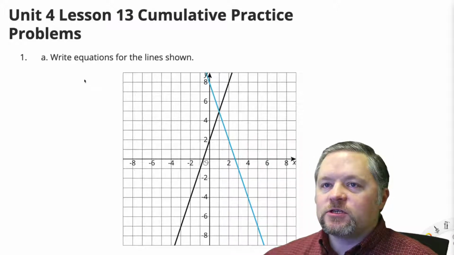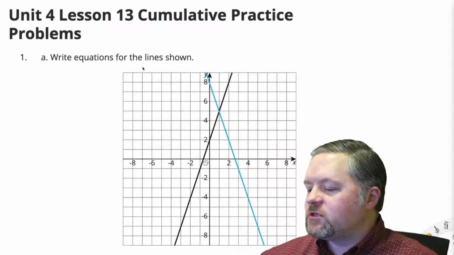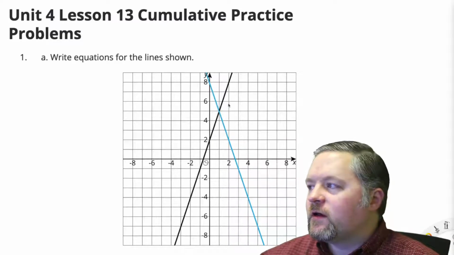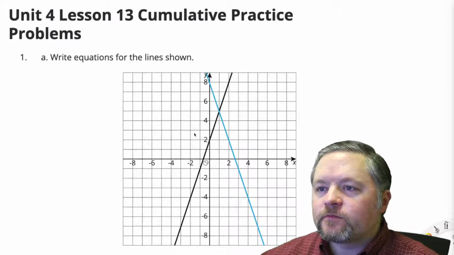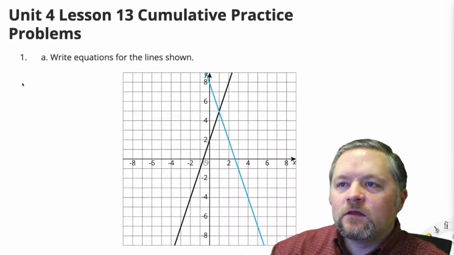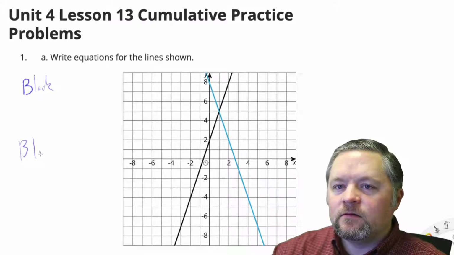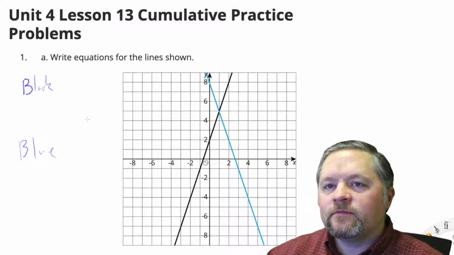Our first question says write the equations for the lines shown. So we have two lines, the black line and the blue line.